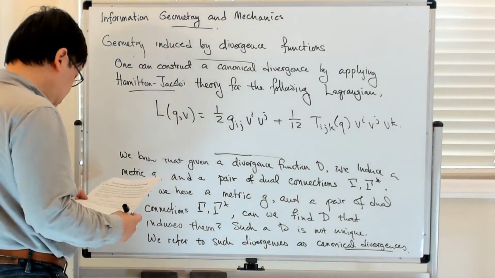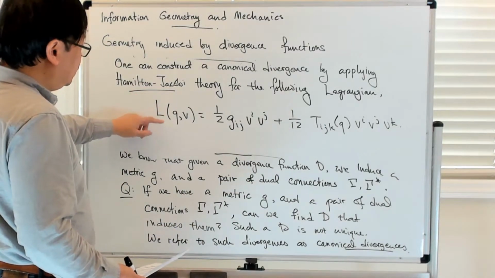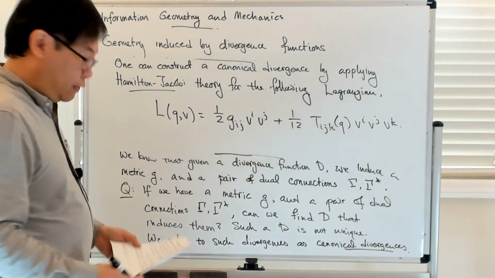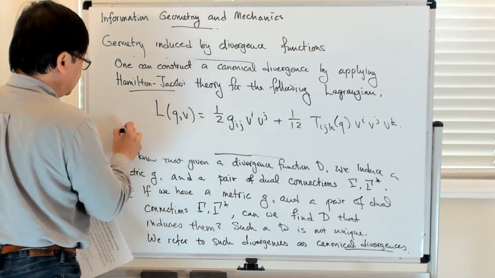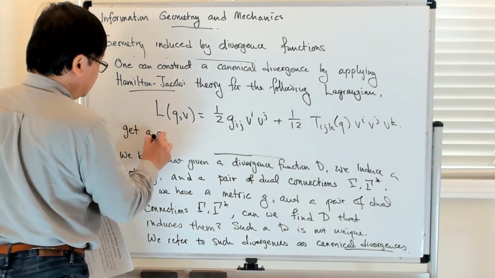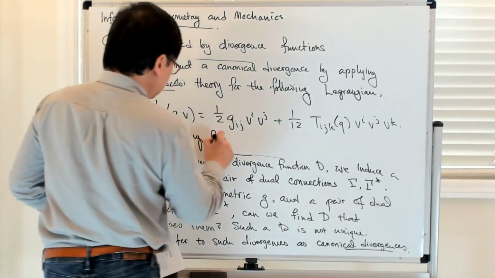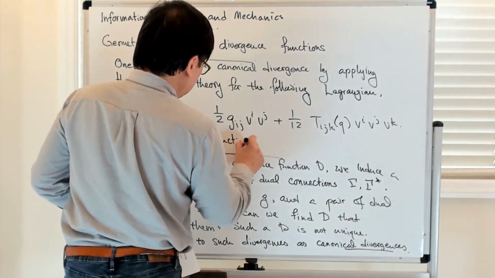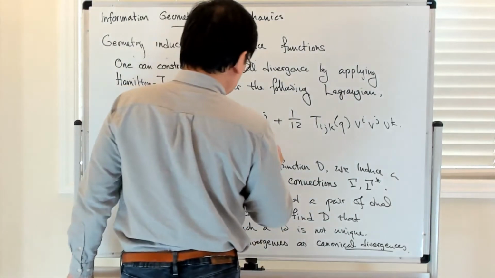If you recall, this skewness tensor is just the difference between the two connections. Okay, all right. So it turns out that if you applied Hamilton-Jacobi theory to this, you get what is called a generating function, which turns out to be one of these canonical divergences.